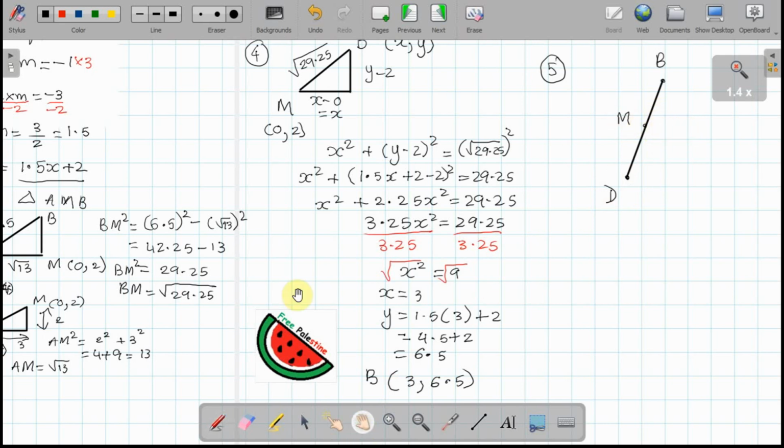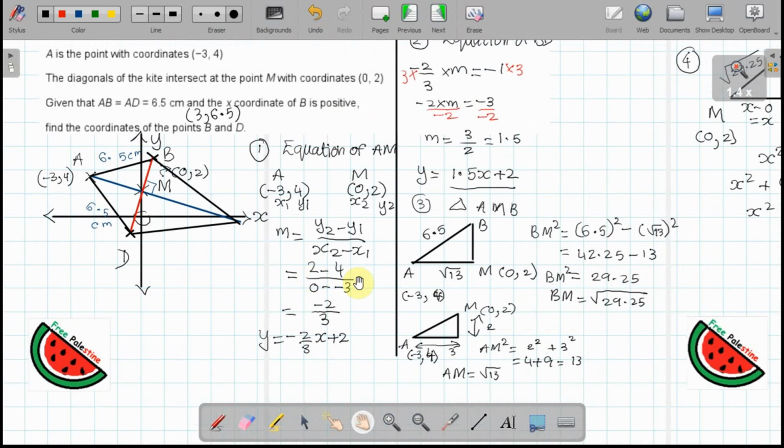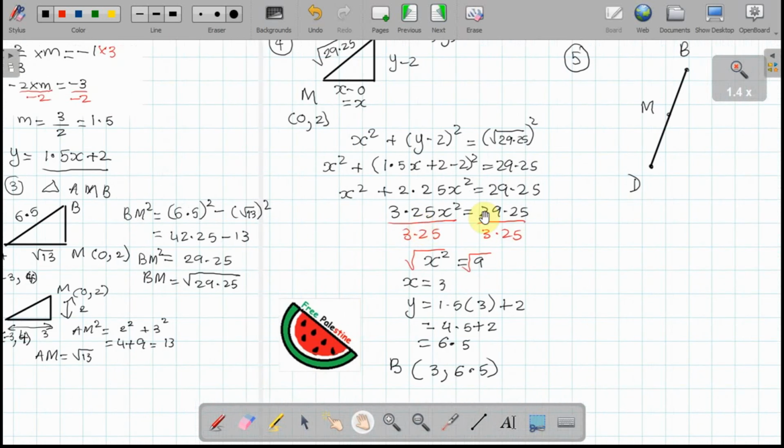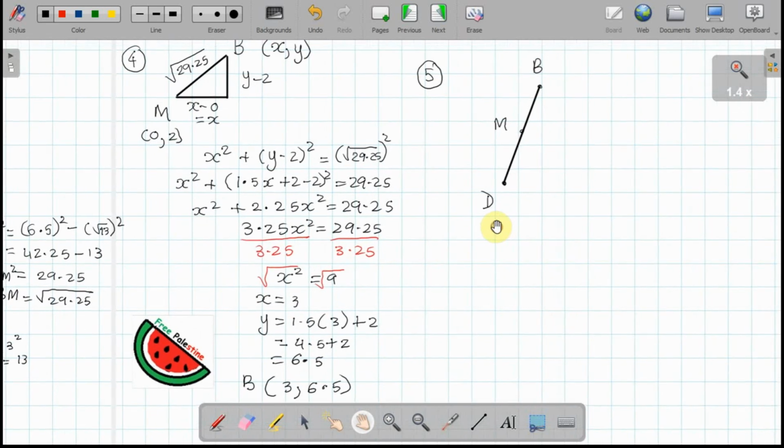Remember earlier on we mentioned that this blue line was the line of symmetry, so it splits that red line into 2 equal parts. We now have the coordinates of B, 3, and then 6.5. We know the coordinates of M was 0, 2, and D I'm going to call x and y.